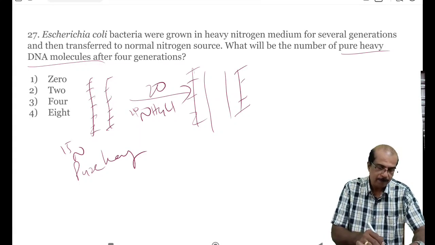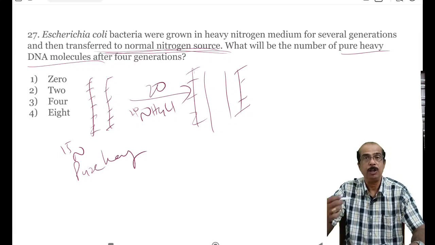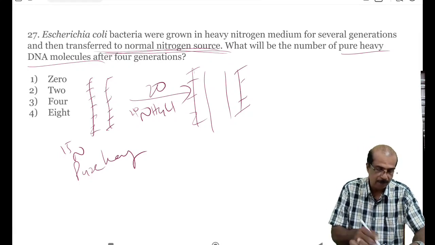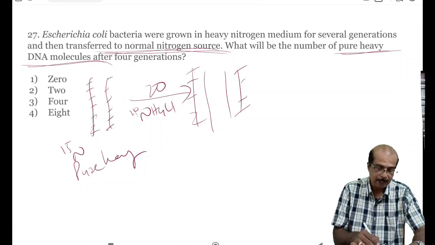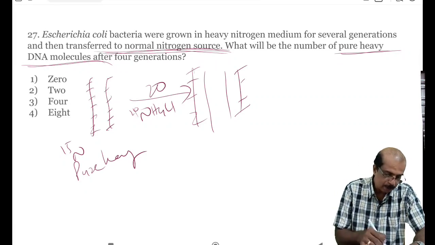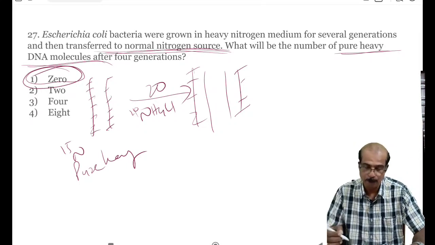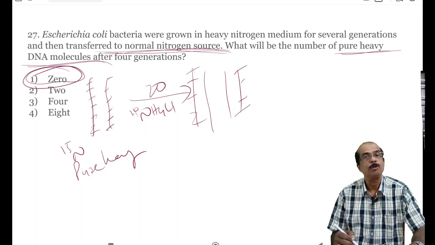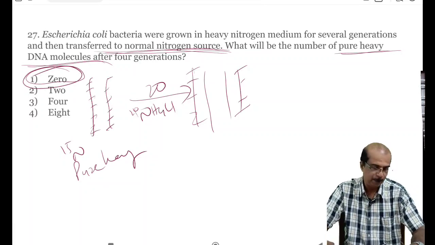You are growing the E. coli in a normal nitrogen source in future, so there will not be a pure heavy DNA molecule because we are giving a normal nitrogen source. Therefore, our answer to this question will be 0. There is no possibility of forming pure heavy DNA molecules in succeeding generations because DNA replication is semi-conservative.